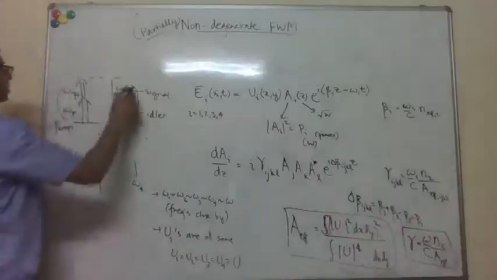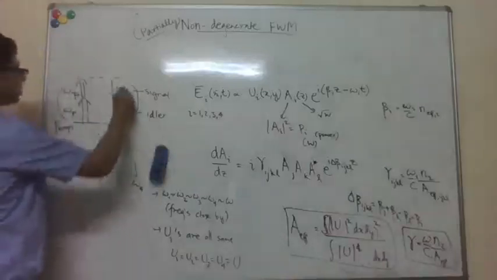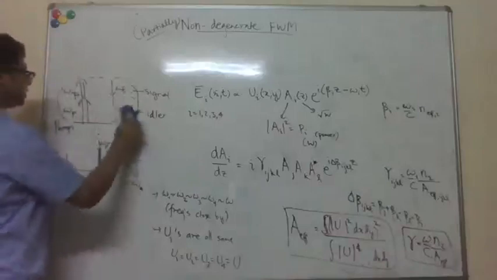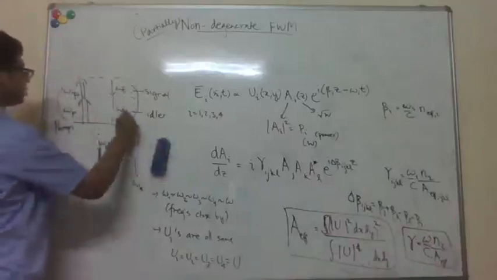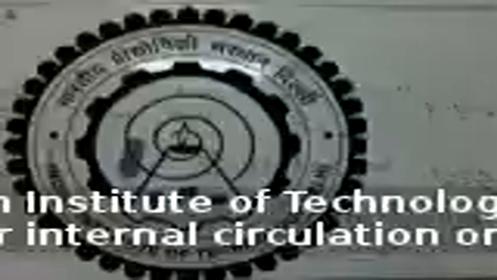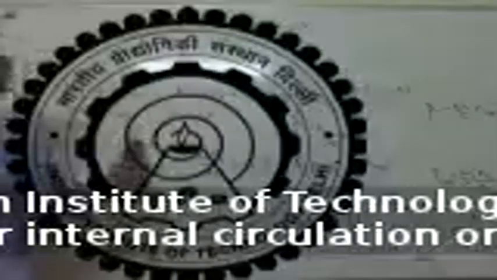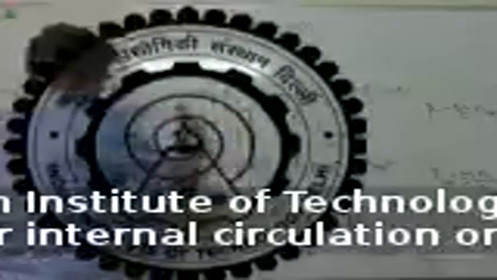and then I can call this omega s for the signal frequency, omega i for the idler frequency.